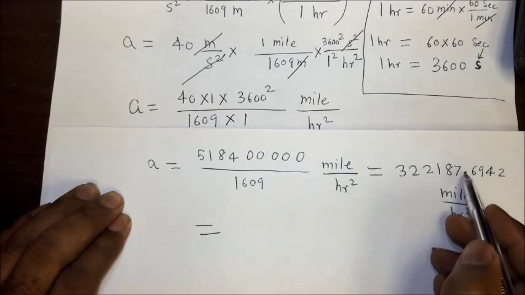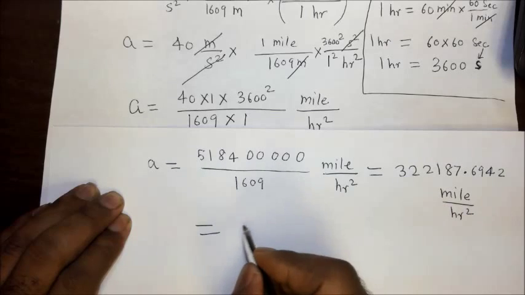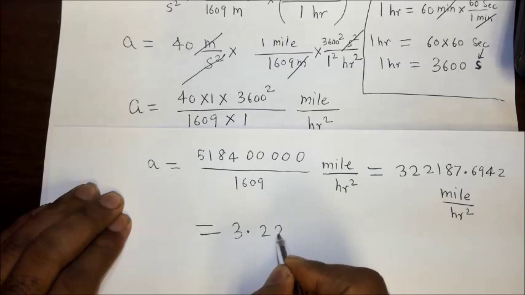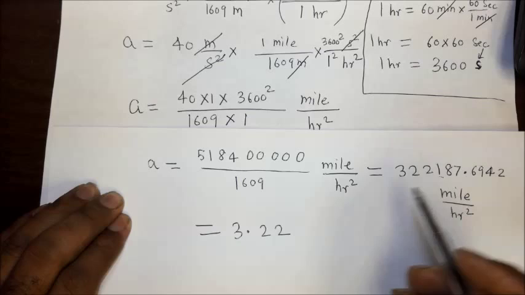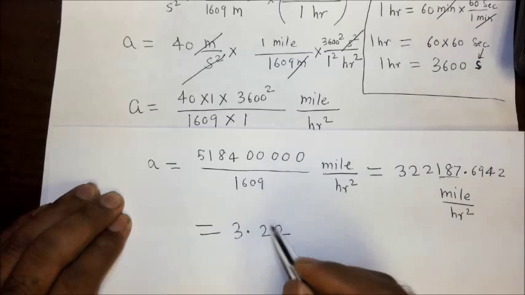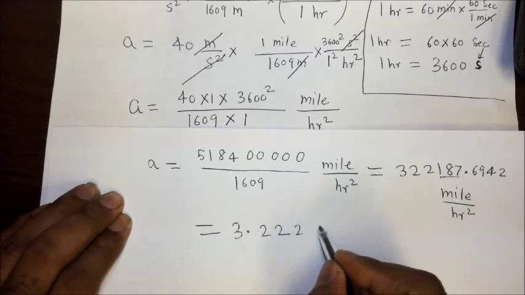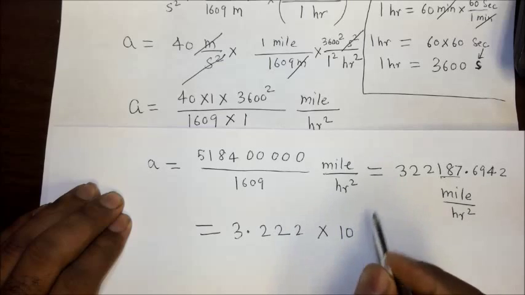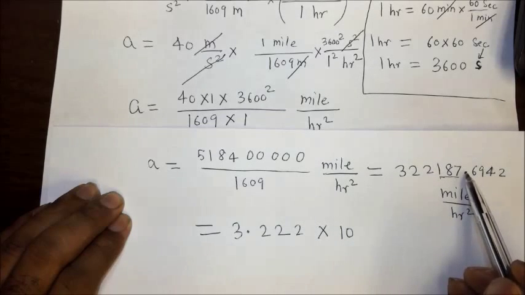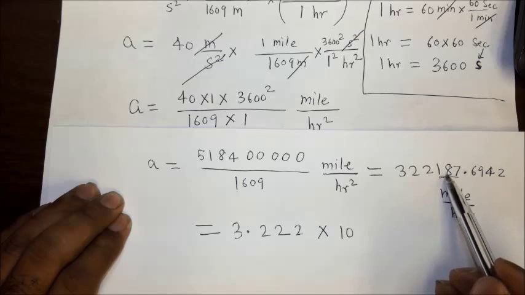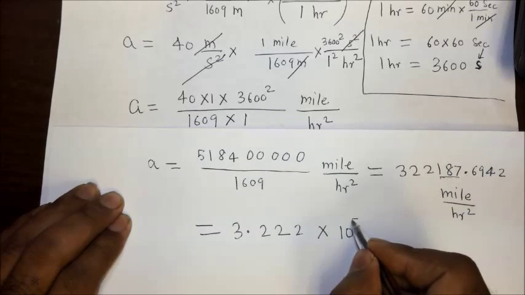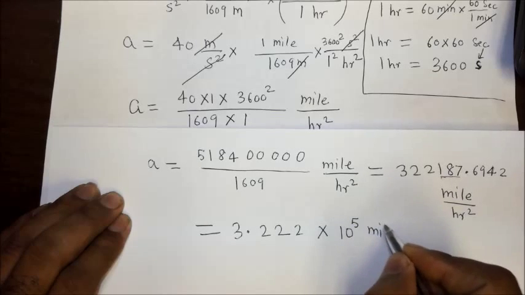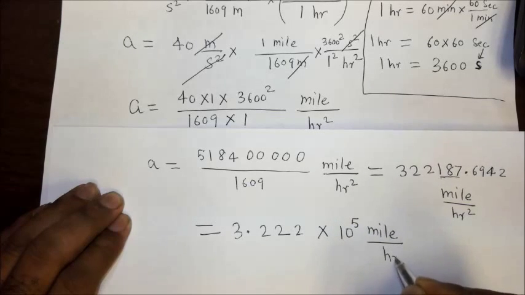I can move this decimal over here, so it will become 3.22, and this 187 I can approximate from here onwards as 2 times 10 to the power. Let's see how many places we are moving the decimal. 1, 2, 3, 4, 5. So 10 to the power 5 mile per hour square.